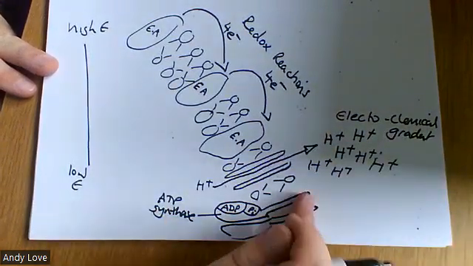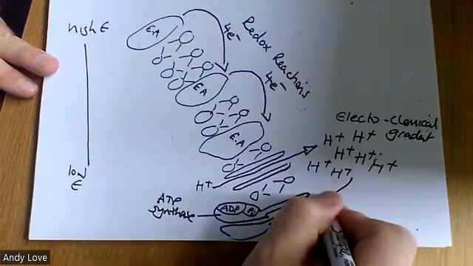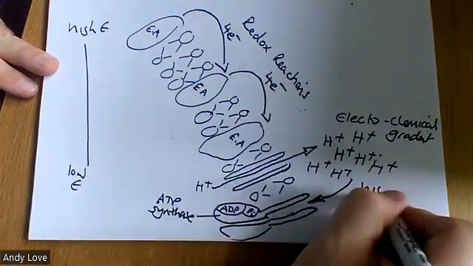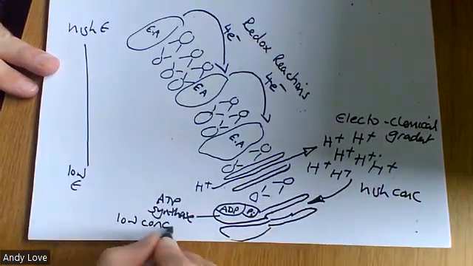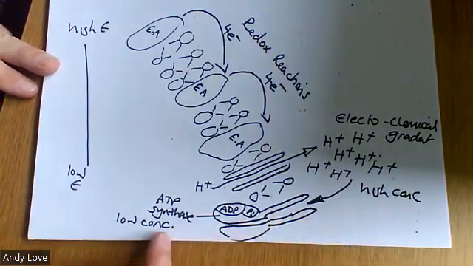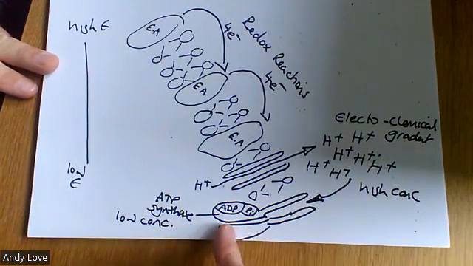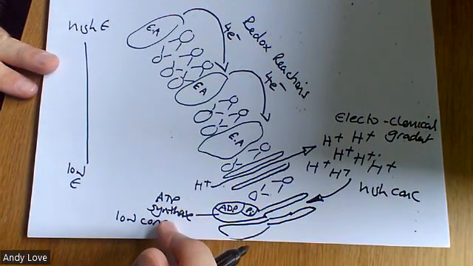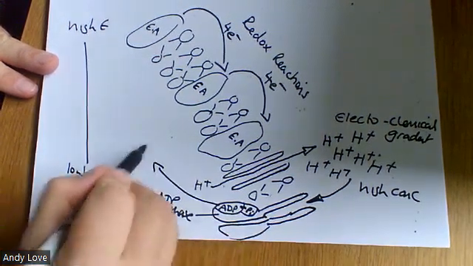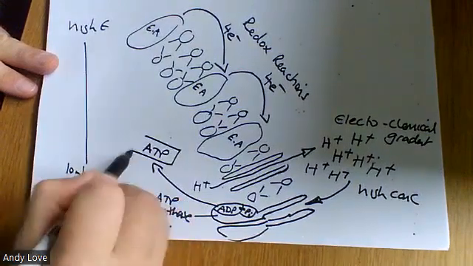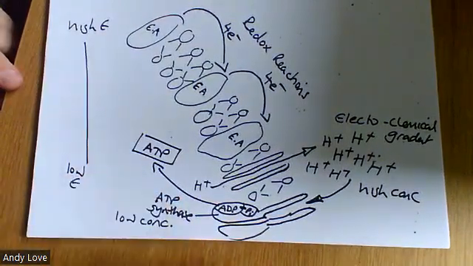Now, this is where this channel comes in, because now they move down from a high concentration to a low, down an electrochemical gradient. But because they're passing this enzyme ATP synthase, that energy is transferred to joining these 2 together to chuck out a molecule of ATP. It's clever, isn't it?